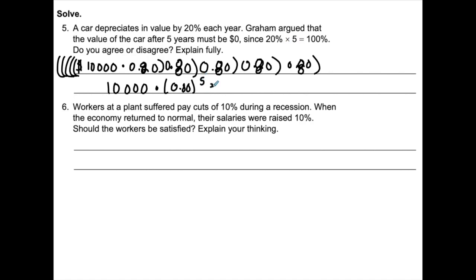And if we actually see what that looks like, that is like multiplying 10,000 by 0.3278. So in other words, your car has lost not actually 100%, but it has lost a pretty significant percent. So it's lost 67.22%. So it's lost about 2/3 of its value.